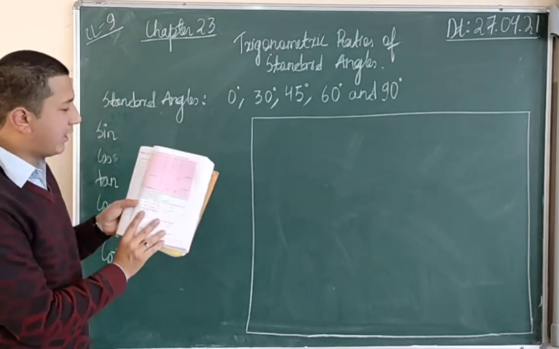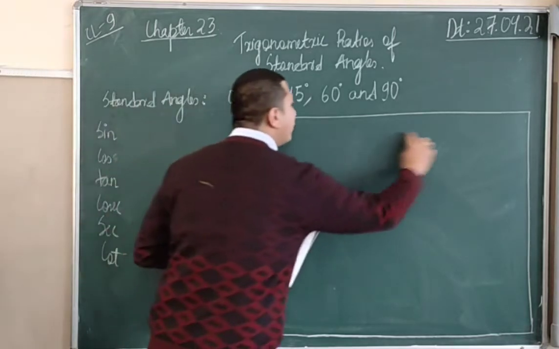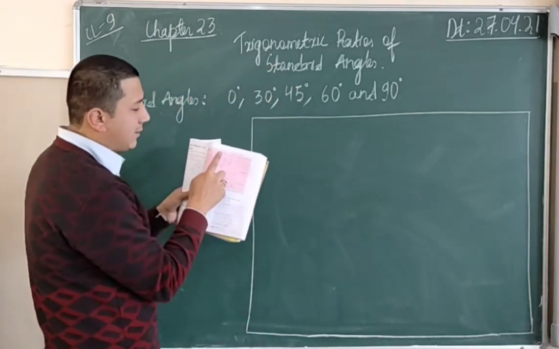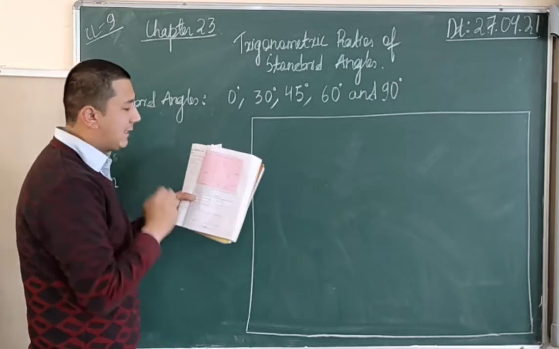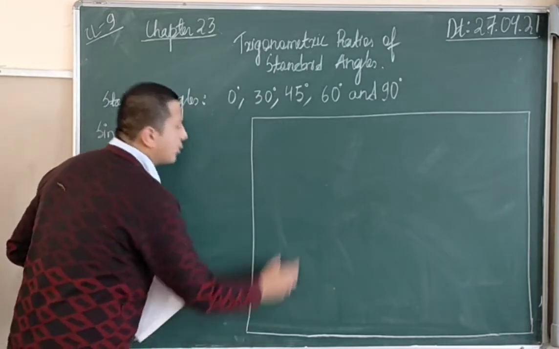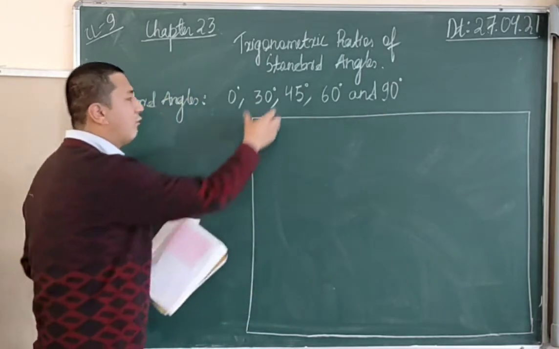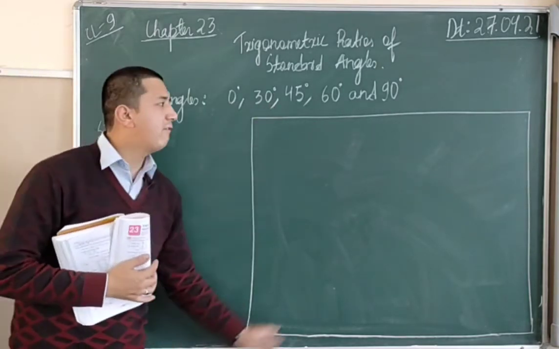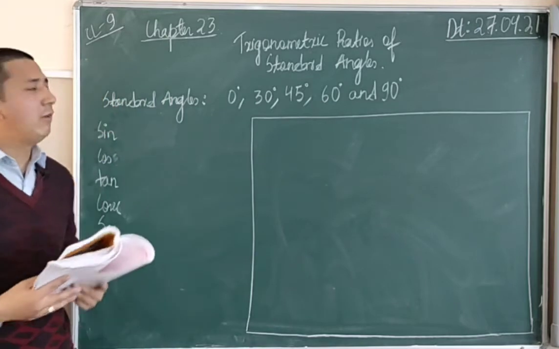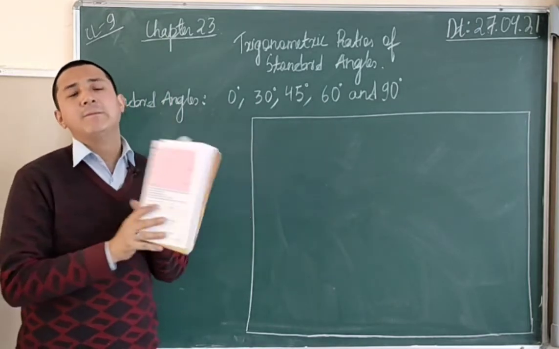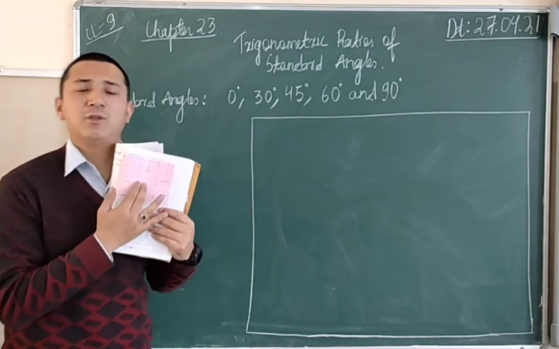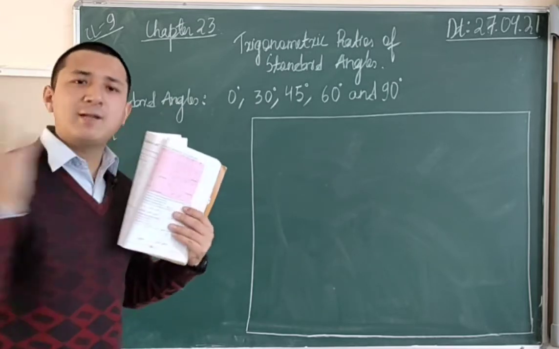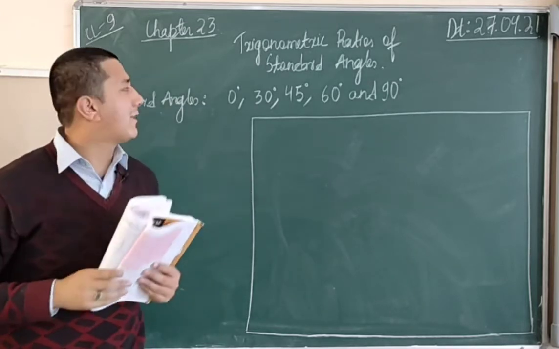I want you to write down on the first row these standard angles 0, 30, 45, 60, 90. On the first column write the 6 trigonometric ratios, and now I'll be putting the values as well, and then we will learn this table by heart. This table is very important for this chapter. If you know this table, then only we can do the exercise.